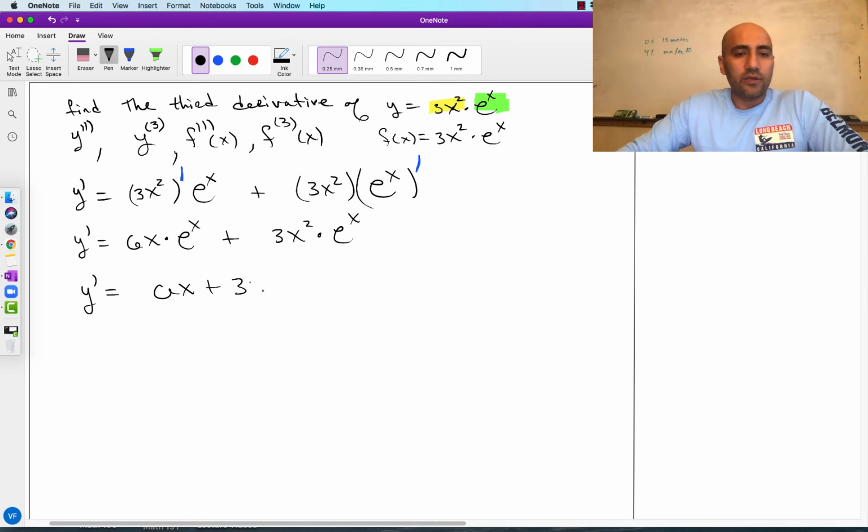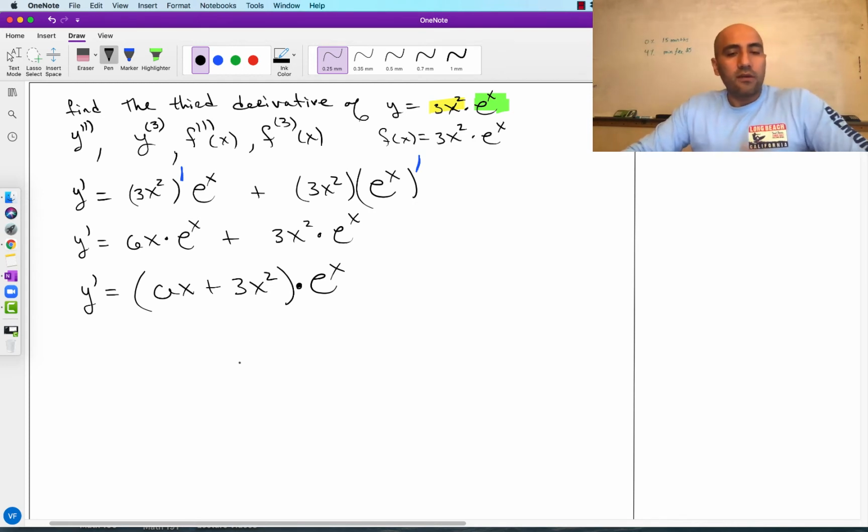6x plus 3x squared times e to the x. And then we can think of this as one simple product rule rather than the addition of two separate product rules, right? So if you can simplify your way to something easier, why not do that, right? Okay, so now we can take the second derivative.